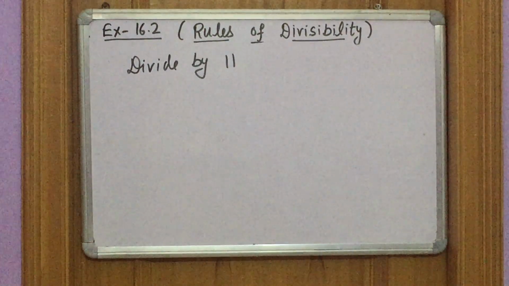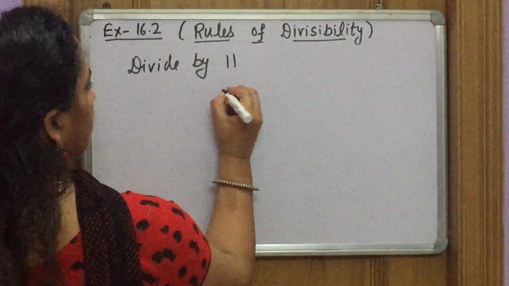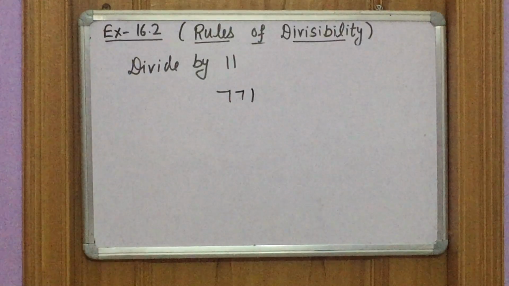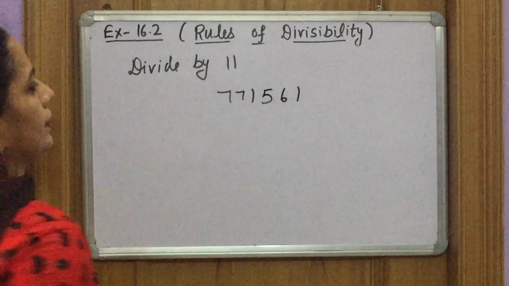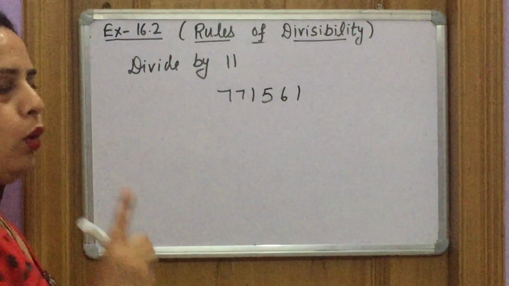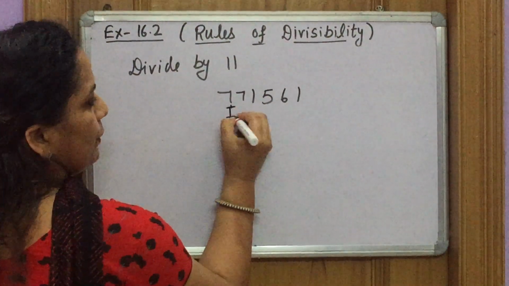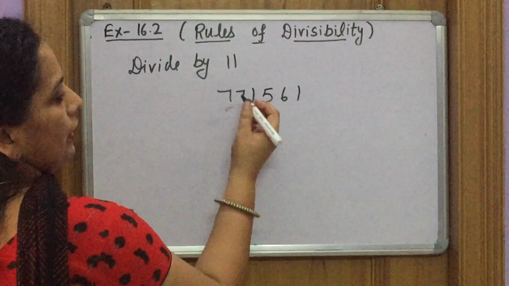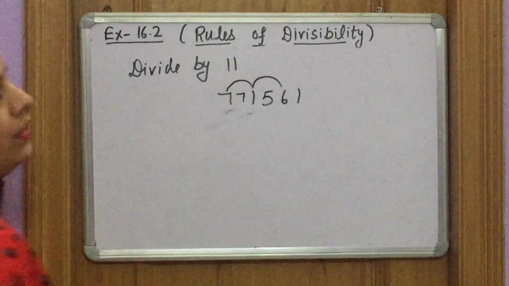For example, if we take a number 771561. Odd position number, 7, this is the first position, second, third. So odd position numbers will be 7, 1, 6.